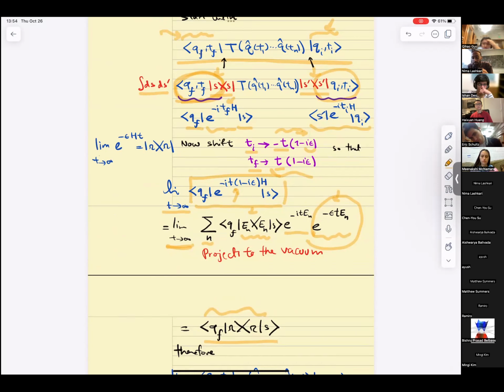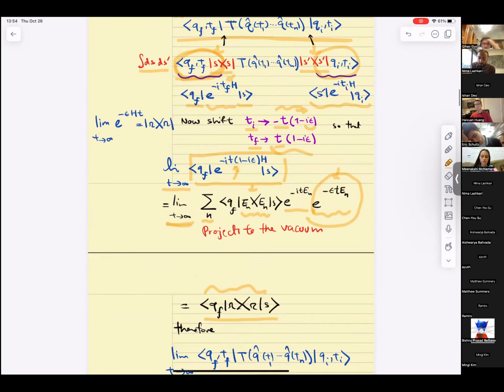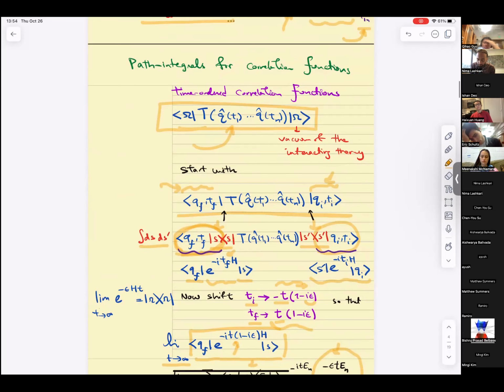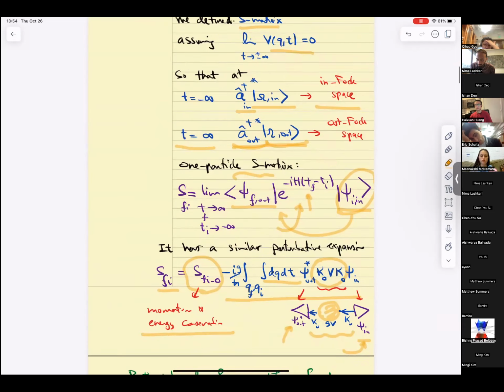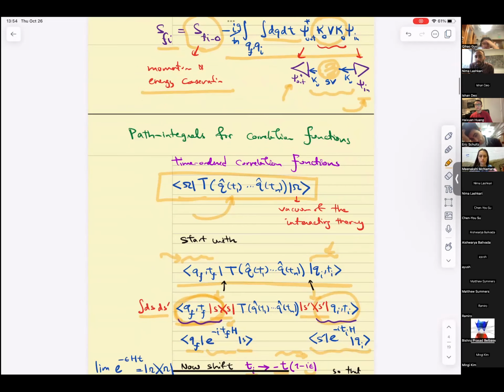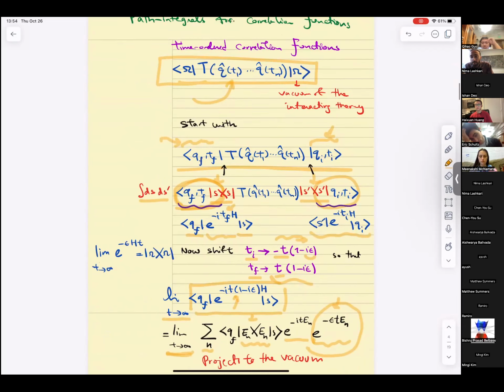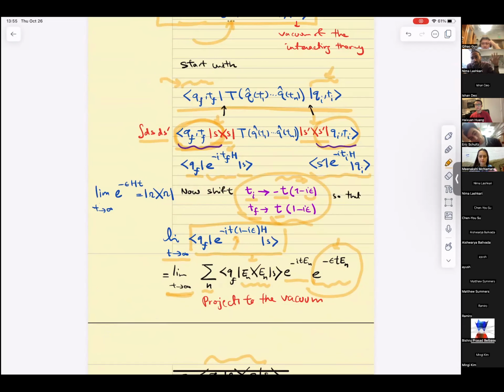My Hamiltonian might be completely crazy, and still using this funky shift, I can project to the vacuum. So this trick is fully non-perturbative in general, but depending on the setup, if you're in perturbation theory, you might talk about the vacuum of the free theory and the vacuum of the interacting theory.